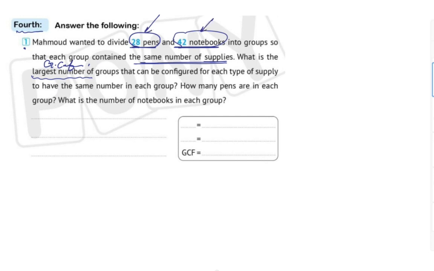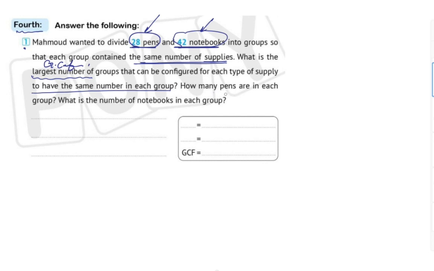Okay, the largest number of groups that can be made for each type of supply to have the same number in each group. So I have 28 pens, 42 notebooks. I need to find the number of groups. This number of groups, with equal numbers of pens and notebooks, is the GCF.